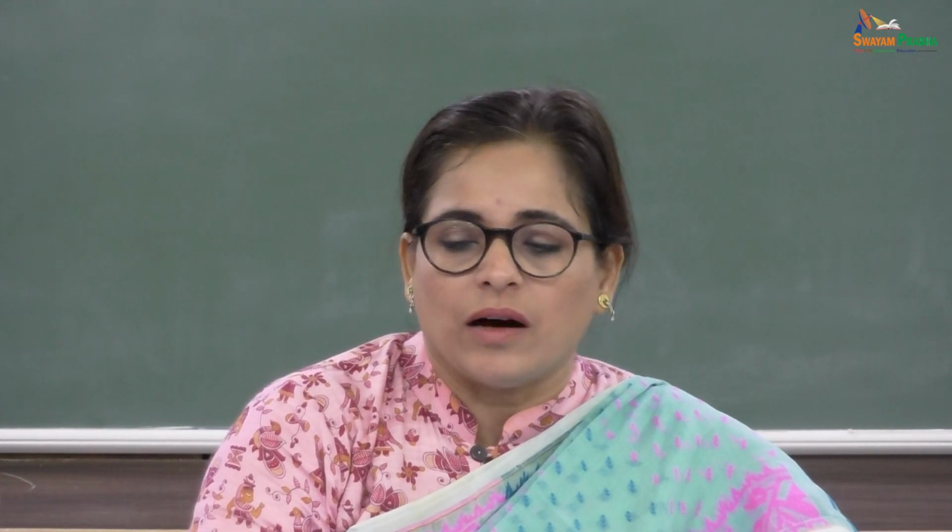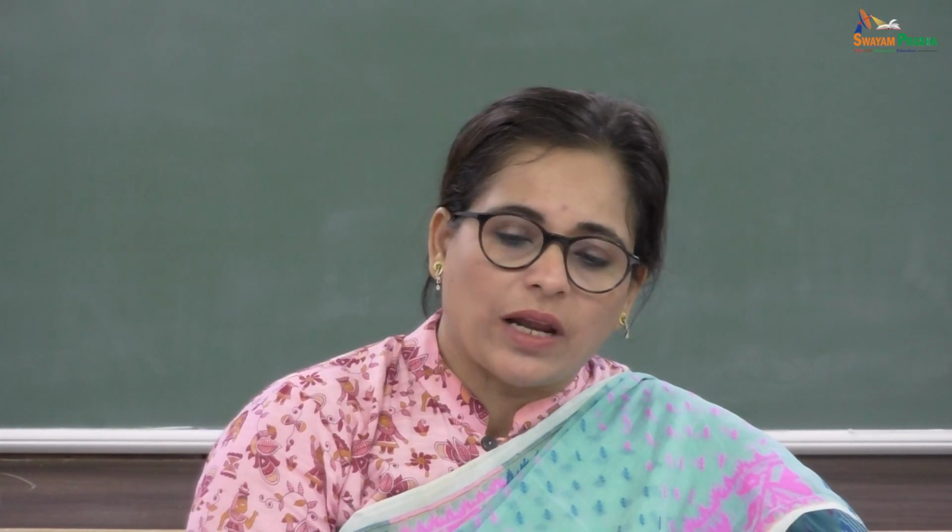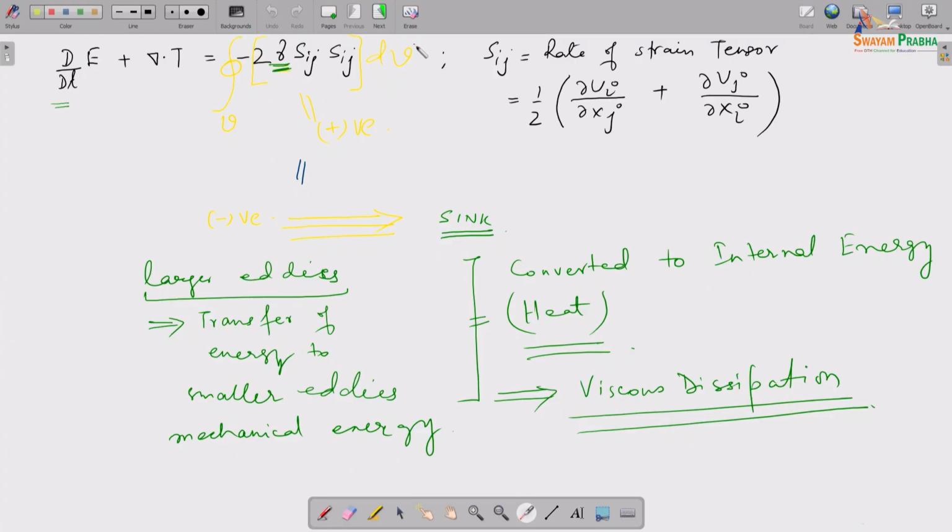So when I took the integral of this entire equation, what we're trying to say is what is the total rate of change of energy in the whole thing, and we equated the left hand side to the right hand side. So this is basically telling us the net change in energy.